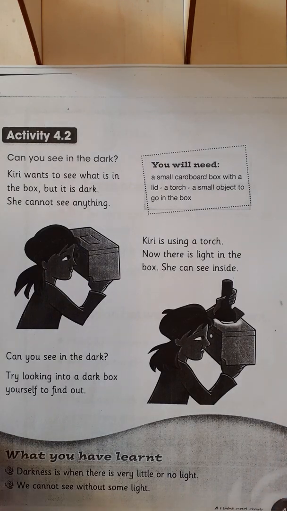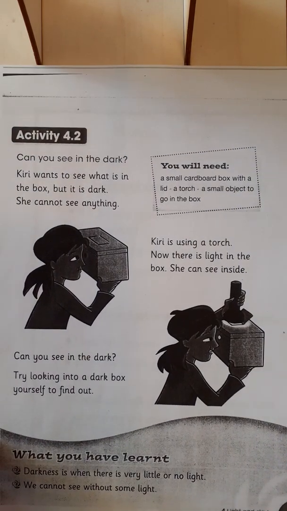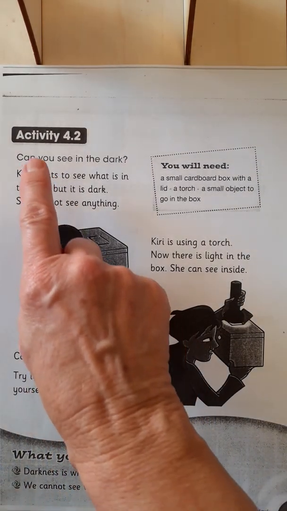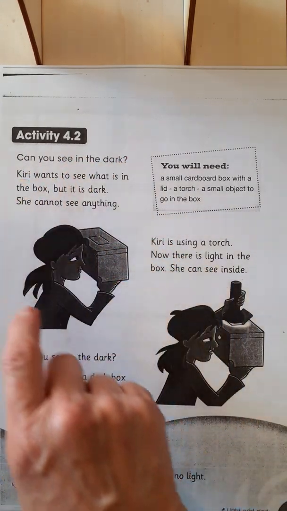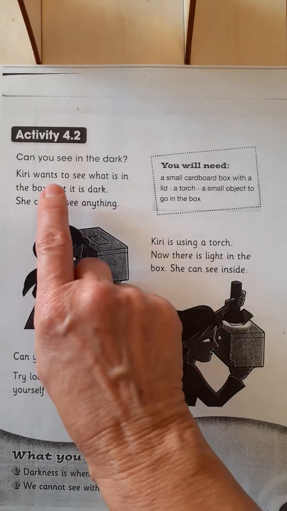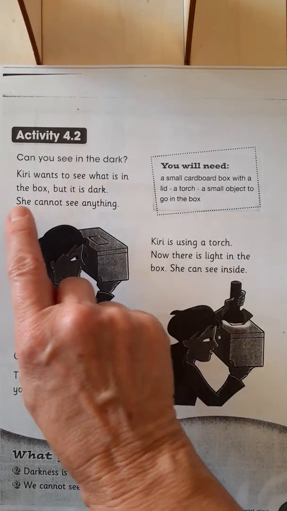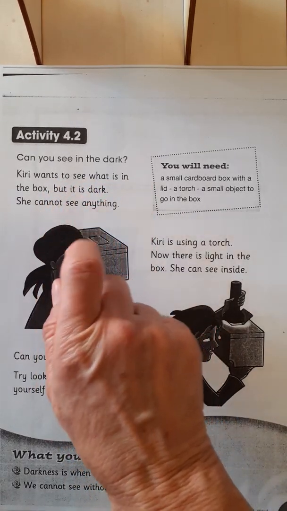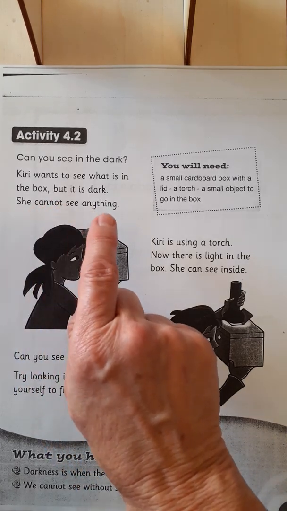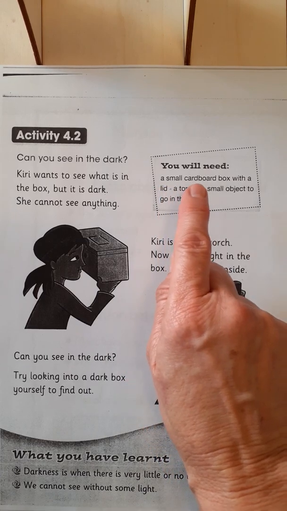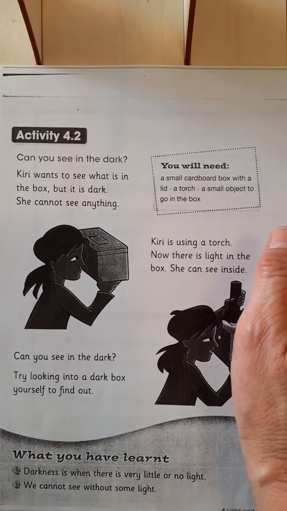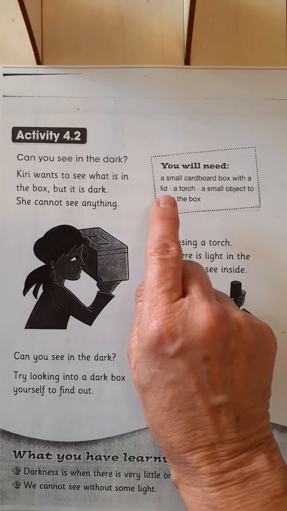Okay, page 41 is the last page we go through, activity 4.2. Can you see in the dark? Kiri is this girl's name, wants to see what is in the box, but it is dark. She cannot see anything. What will you need? A small cardboard box, like a shoebox for instance, with a lid.